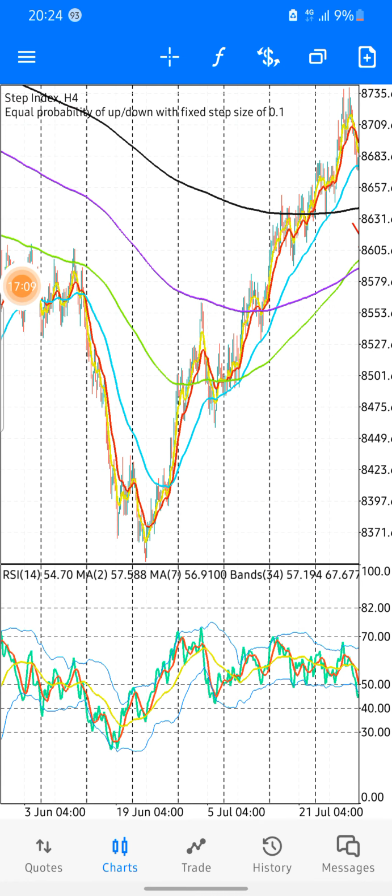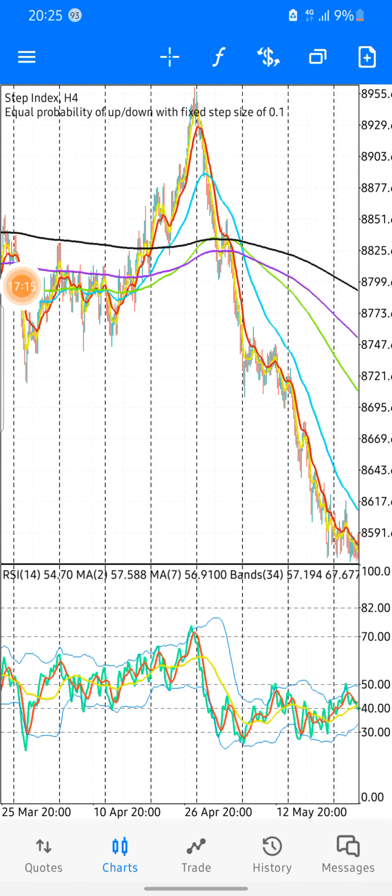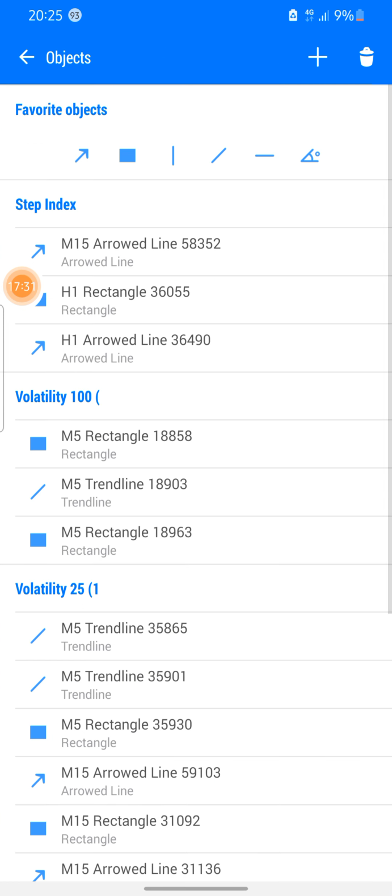Right, is this a proper shark fin? Yeah, it's a small one. Let me see if I can get a bigger one. Right here, if you can see, when we talk about the shark fin, a shark fin is the movement outside the Bollinger Bands on our TDI.